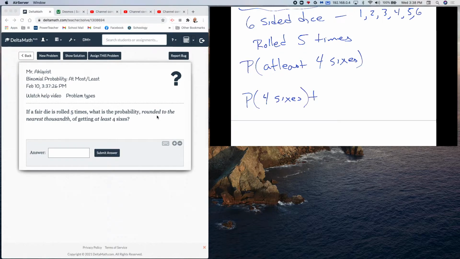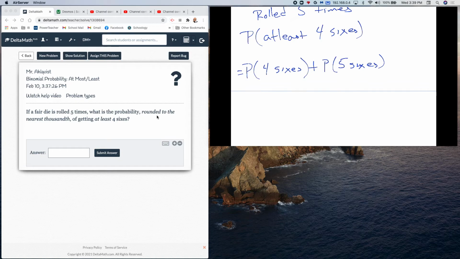We could get 5 sixes. And that's the most we can get, right? We can either get 4 or 5 sixes because we're going to roll it 5 times. So we can figure these out together. We can do one at a time.